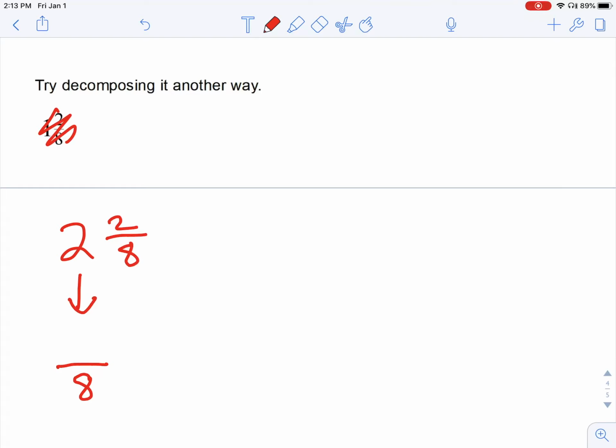Well, 1 whole was 8/8. 2 wholes, I'll do 2 times 8 in my numerator to get 16/8. And that makes sense too, because fractions are just another way of saying division. And 16 divided by 8 would be 2. So this is the same as 16/8 plus 2 more eighths. Enjoy all the unlimited possibilities, or not necessarily unlimited, but the many, many possibilities as you decompose fractions today.